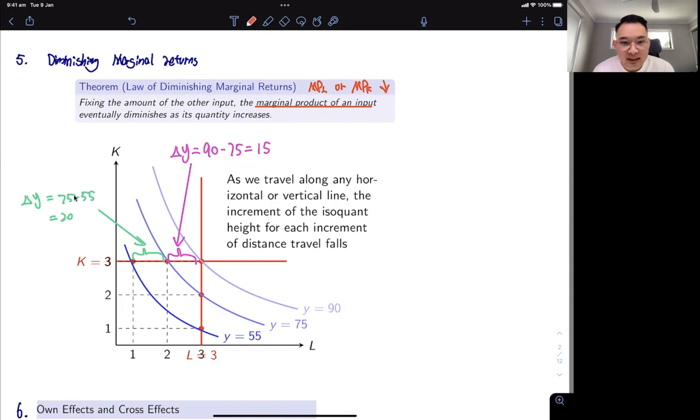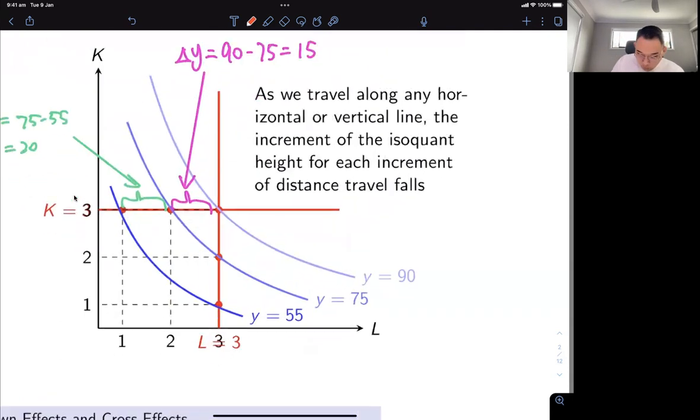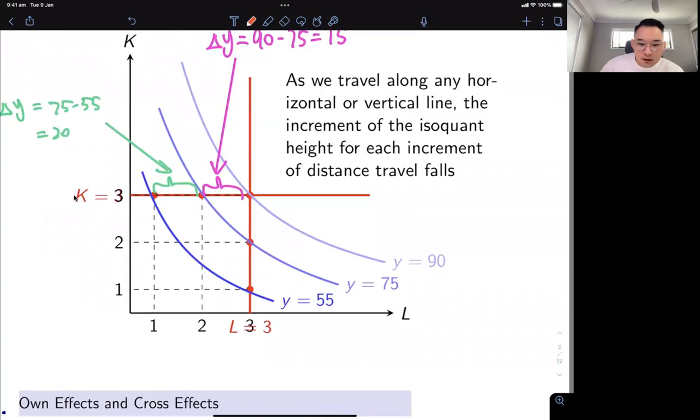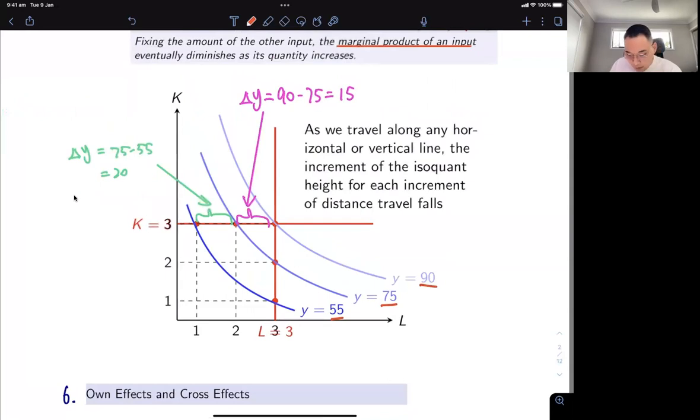So how can we see this? As you can see, we have 3 isoquants here. The first one represents output level 55, then 75, then 90, okay? So from the first Y1 to Y2, the change of Y is 20, okay? That's when you add one more unit of labor and add one more unit of capital.